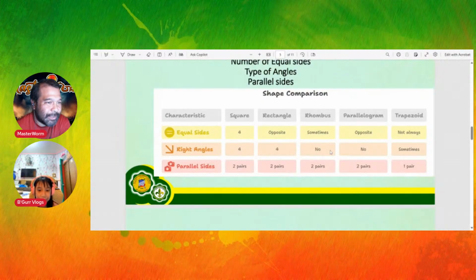Rhombus sometimes doesn't have equal right angles, no right angle, and two pairs of parallel sides. Parallelogram has opposite equal sides like the rectangle, but no right angle and two pairs of parallel sides. Trapezoid: not always equal sides, sometimes there are right angles, and there is one pair of parallel sides.